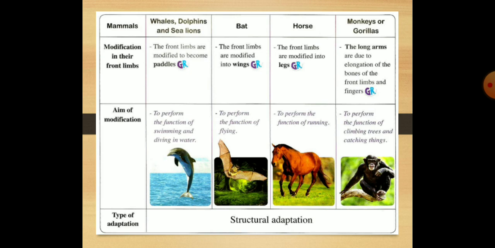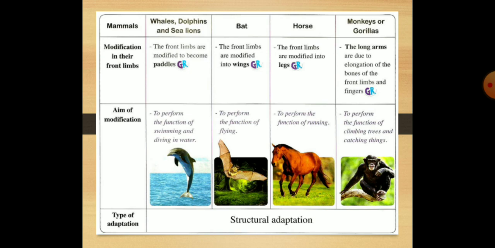About bats, the front limbs are modified into wings to perform the function of flying. About the horse, the front limbs are modified into legs to perform the function of running.